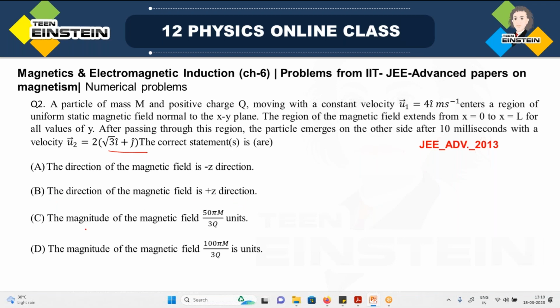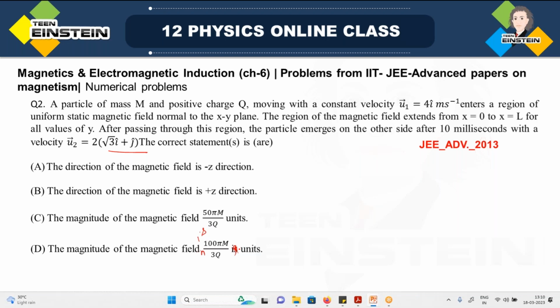The magnitude of the magnetic field is 50 pi m by 3q units, or the magnitude is 100 pi m by 3q units. Okay, so this is the question.